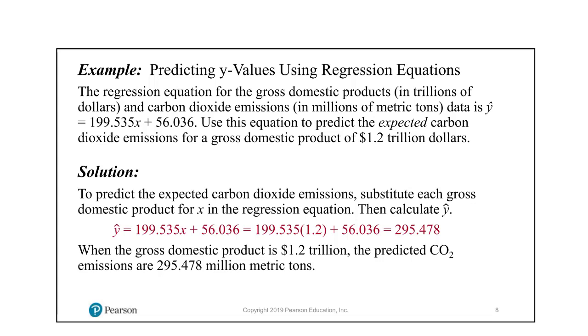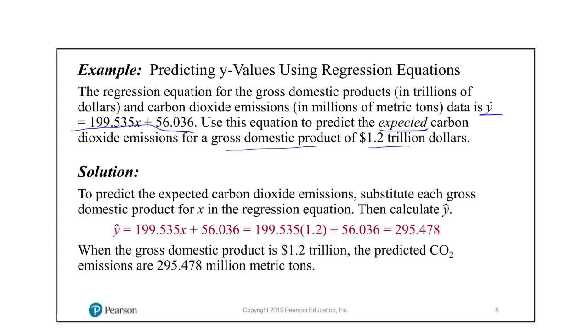So the regression equation that we just found for GDP versus carbon dioxide emissions is this. Use this equation to predict the expected carbon dioxide emissions for a GDP of $1.2 trillion. Well, this is very easy once we have the regression line.